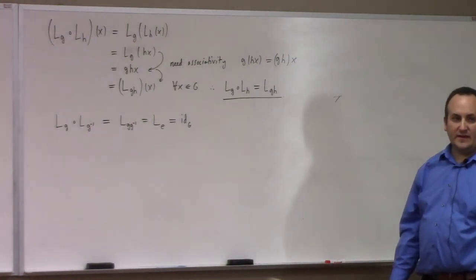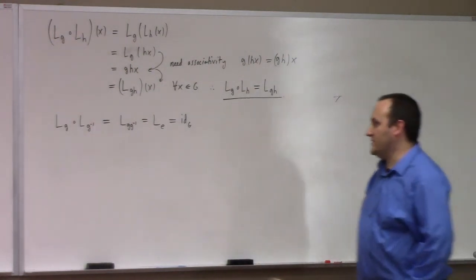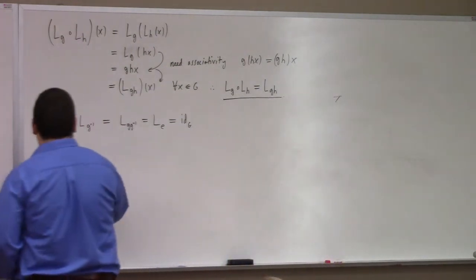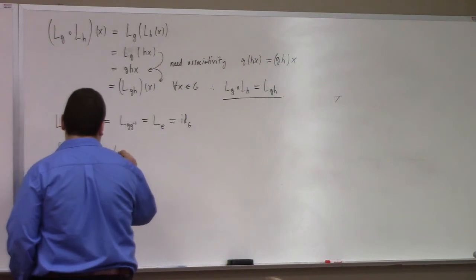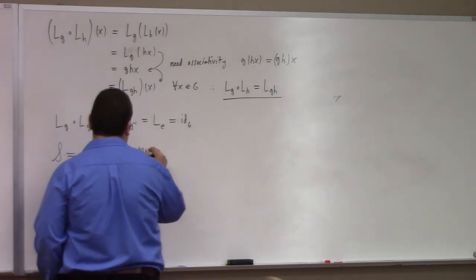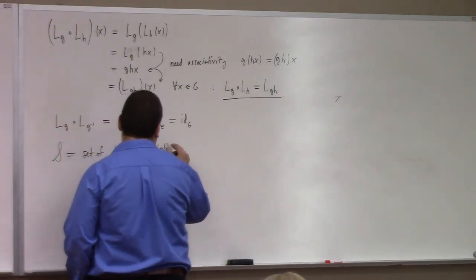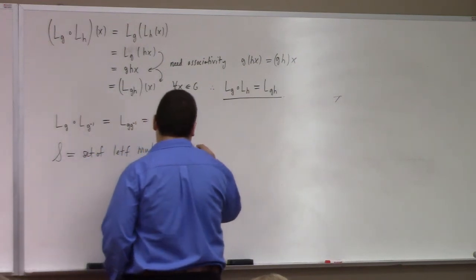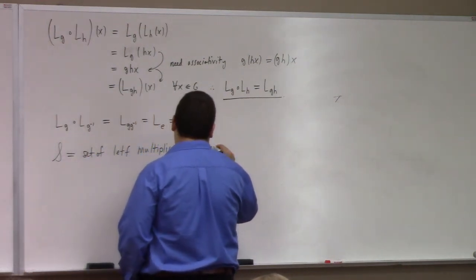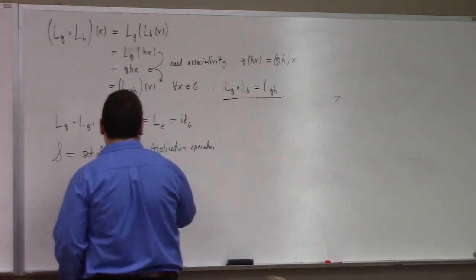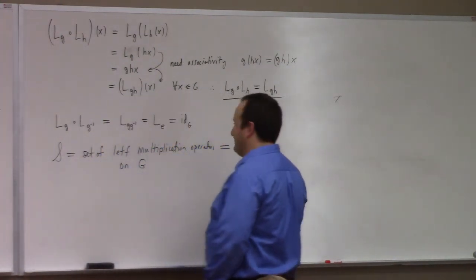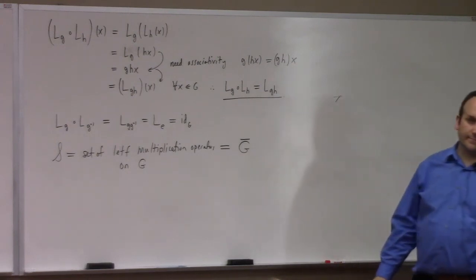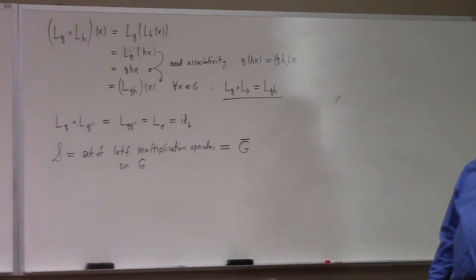So think about the set of left multiplication operators. Let's let S equal the set of left multiplication operators on G. I believe Gallian just calls it G bar. Okay? What can we say about this set?